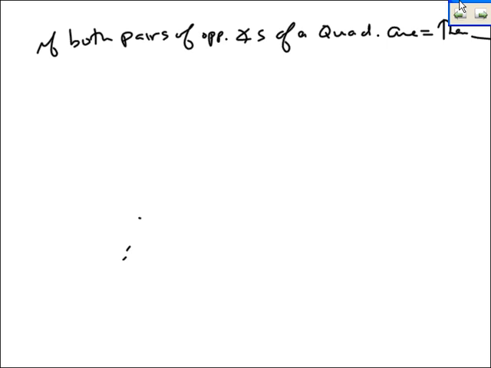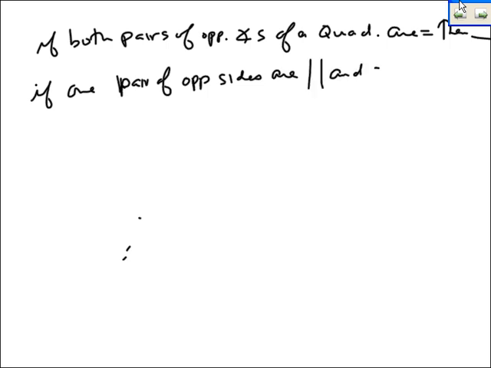Okay, if one pair of opposite sides are parallel and congruent, then the quadrilateral is a parallelogram.